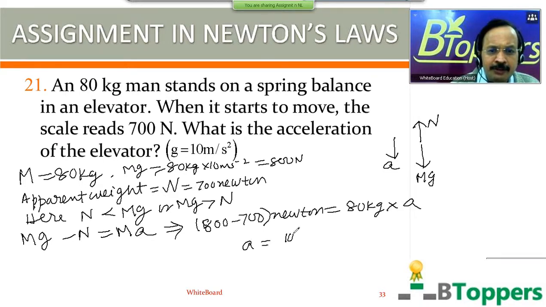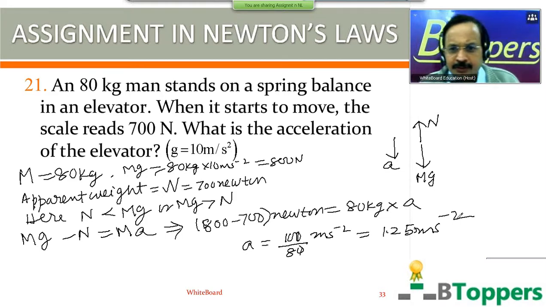So the magnitude of the acceleration will therefore be 100 by 80 meters per second squared, or 1.25 meters per second squared in the downward direction. So those who want to copy the solution of the problem can copy it. In case you need more time, you can pause and take your time.